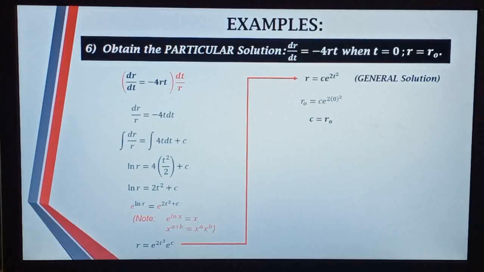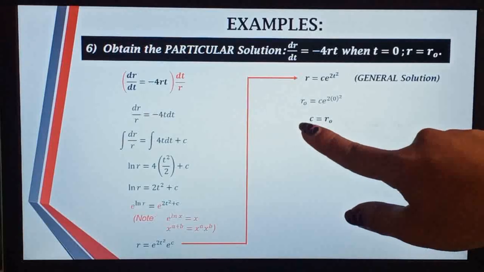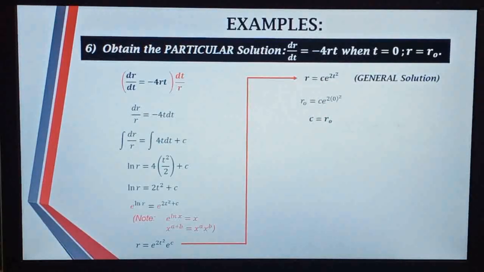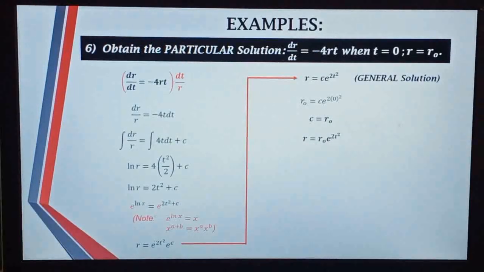So, para makuha natin yung particular solution, all we have to do is to substitute the c dun kay general solution. So, magkakaroon tayo ng equation na r equals r sub o, then e raised to 2t squared. If you will notice, nawala na si arbitrary constant kasi nga, hindi na siya arbitrary constant.